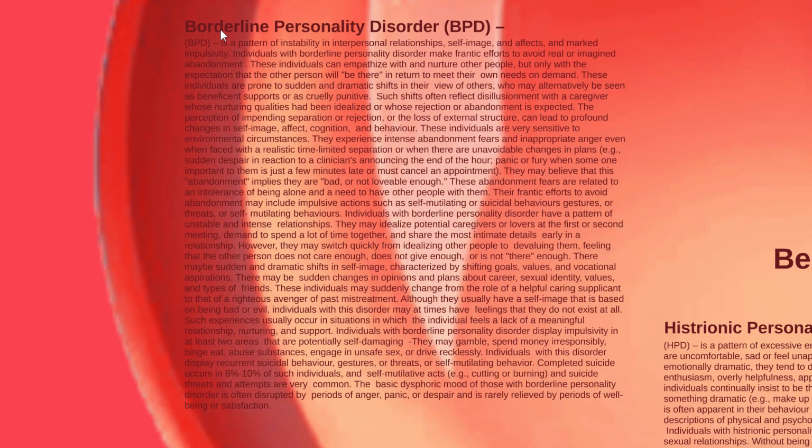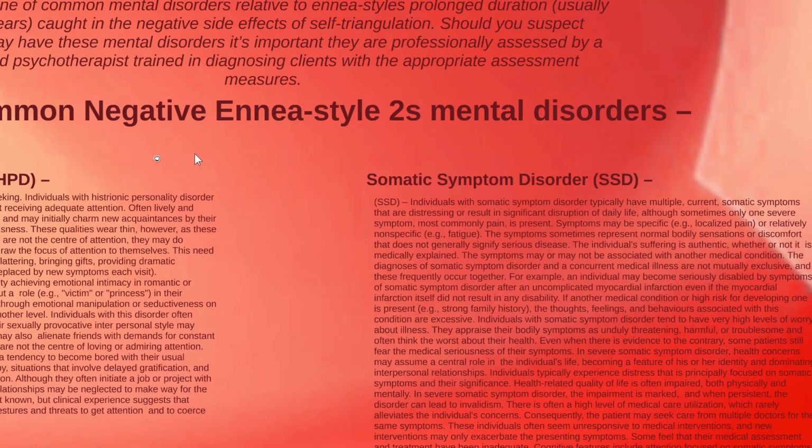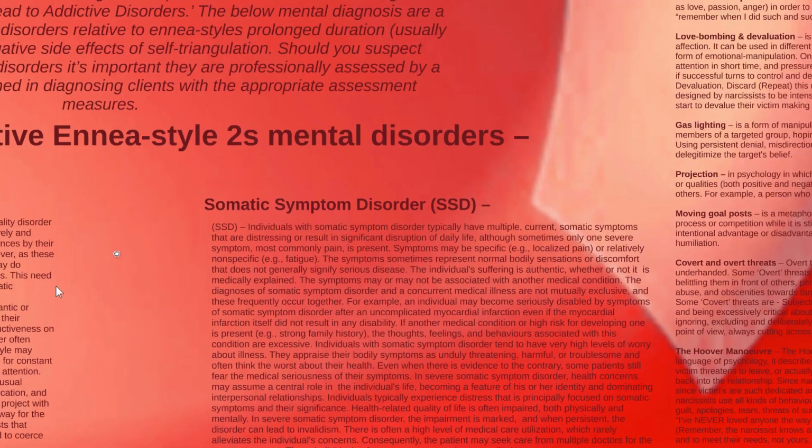Quite often when we are trapped for long periods, and I'm talking about years, in the negative attributes of our fixation, we can develop all kinds of mental disorders or behavioral disorders. In this section are just some of the attributes of these disorders outlined here. So one, we've got borderline personality disorder, histrionic personality disorder. So common negative Enneagram style 2's mental disorders, that's if they're trapped in that triangulation spiral for a long time.